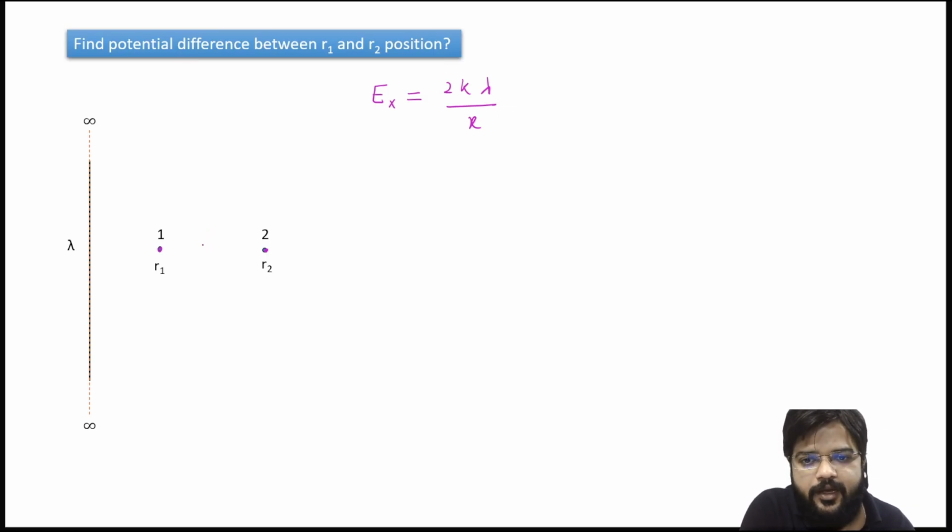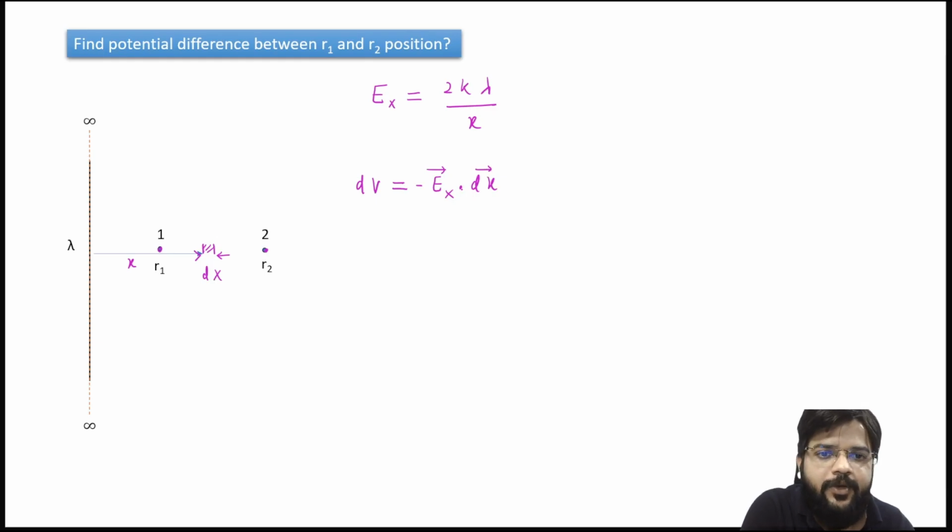So I will take one small region between positions 1 and 2, at x distance. For this small region, we consider the electric field constant, and the length of this region is dx. If I write the change in potential for this small region, it can be written as dV equal to minus Ex dot dx.